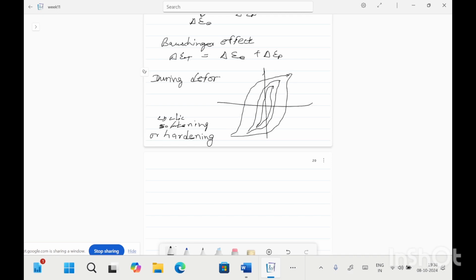If we match the maximum points and lower points for the stable loops, then this will follow this path. This curve can be written as the cyclic sigma epsilon curve.